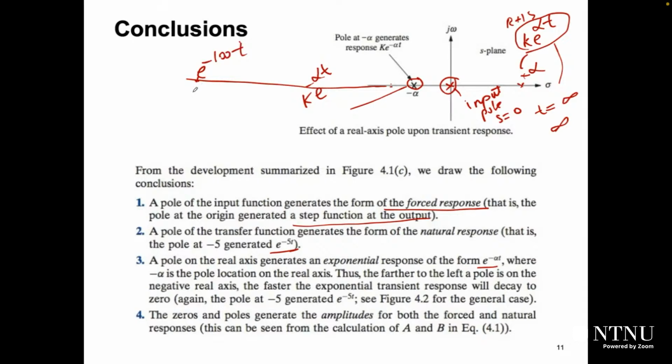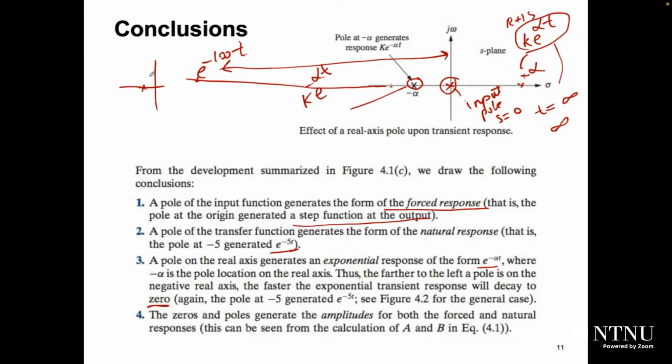The one which will decay first is the one which is far from the j omega axis. The further you are from the j omega axis, the faster that component will decay, right? The faster the exponential transient response will decay to zero. So we can say that if you have two systems and you have some poles which are closer to the j omega axis here, maybe your system will be stable, but it will not be very good in fact, because you will stay a longer time in the transient response.